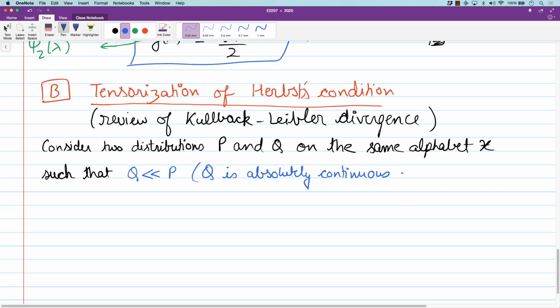This is sort of heavy language, but we're just borrowing it so that we can keep the bound general. So what does this mean? Q is absolutely continuous with respect to P.